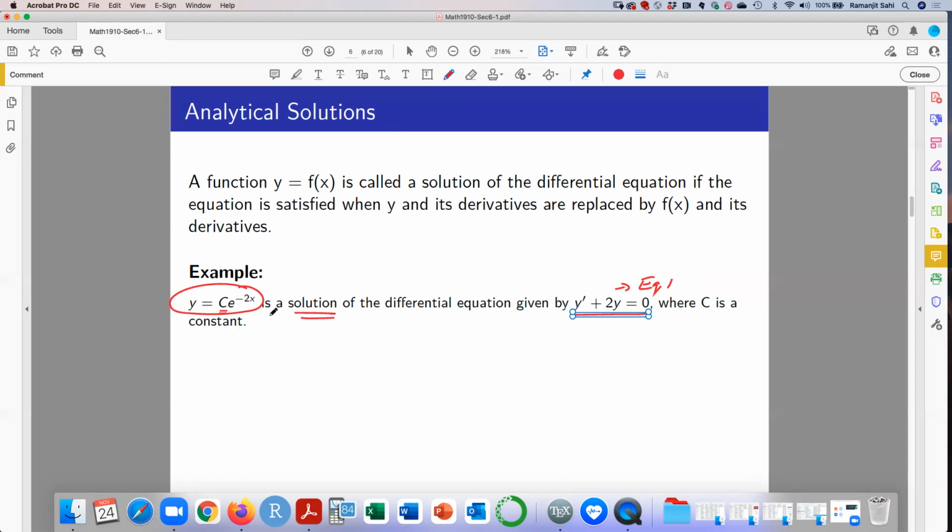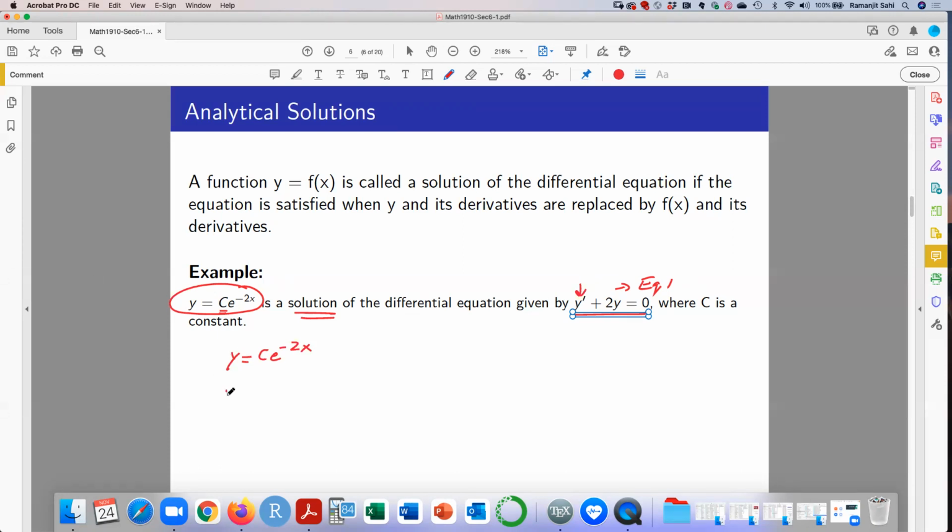So let's go ahead. We already have y equals c e to the power negative 2x given. The other thing we need is just the first differential, so let's go ahead and find y prime.